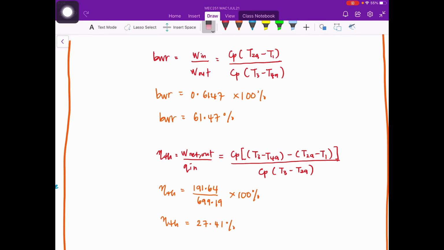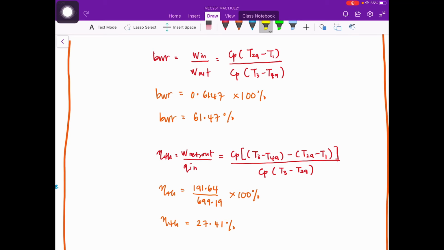Okay, item C is for us to determine the thermal efficiency for the cycle. And like I've told you before, thermal efficiency is equal to the desired output divided by the required input. So for this Brayton cycle, the desired output will be the net work output, and the required input will be the heat transfer in.